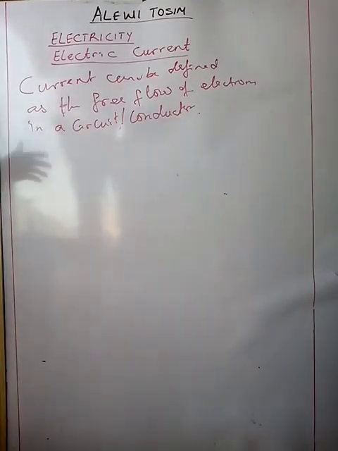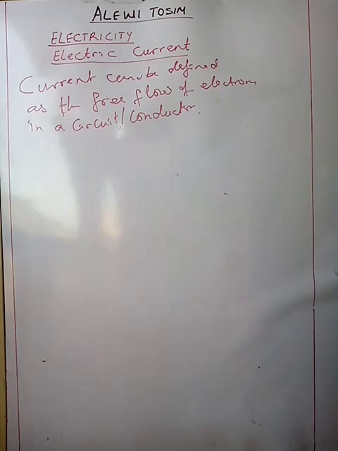Now, when we refer to current as the free flow of electron in the circuit, we can also say that electric current is the rate of flow of current in a circuit.